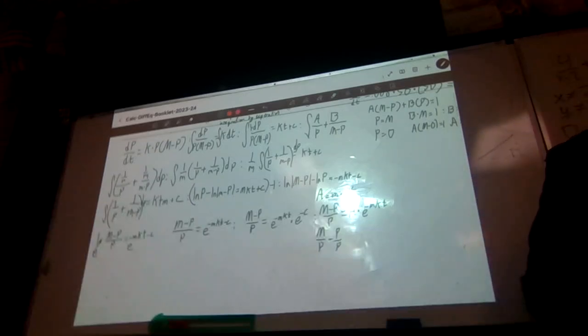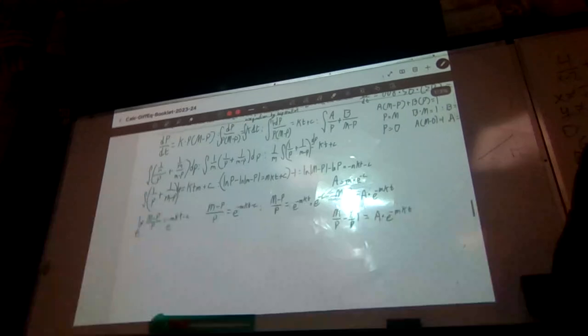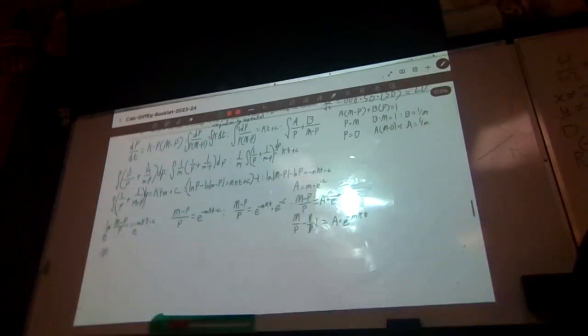Becomes just 1, so minus 1 equals a times e to the negative mkt. We can add 1 to both sides, and therefore we are going to get m over p is equal to a e to the negative mkt plus 1.